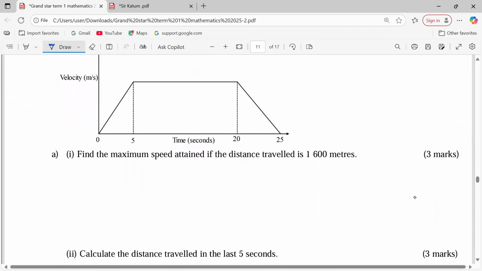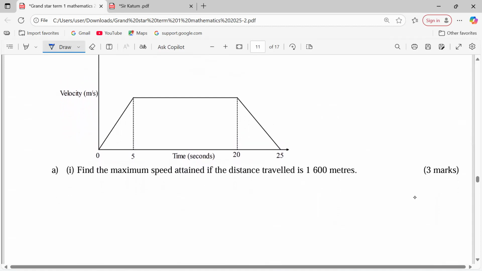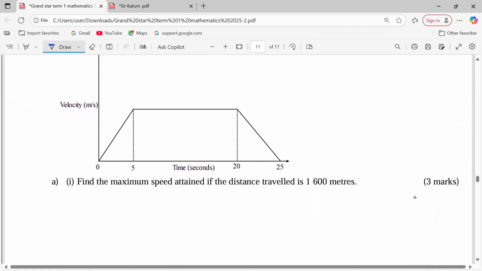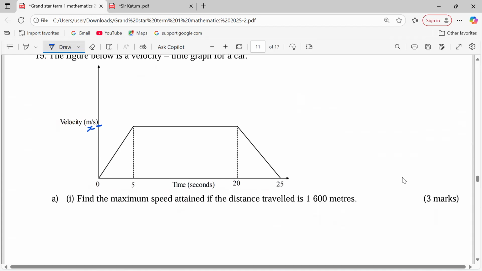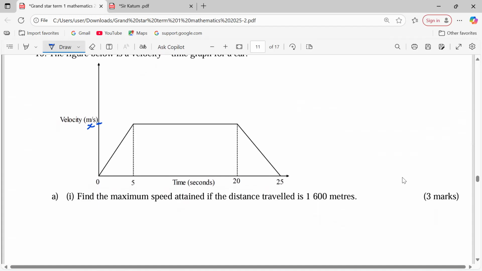There is something we're supposed to understand here: the area under a velocity time graph gives us the distance. Therefore, the shape is a trapezium. If we assume the height there is x, that is the maximum velocity attained.